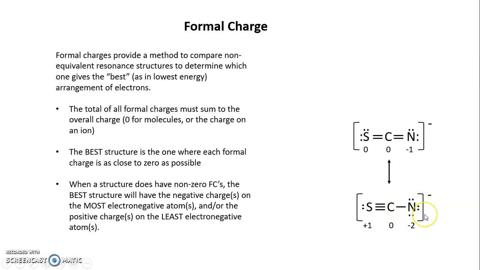So there are 7 electrons assigned to it when it normally only gets 5, so it's a -2. Clearly, using the rules that we've just discussed, this resonance structure is not nearly as good as the one up here, which obeys that primary rule of trying to get each formal charge as close to 0 as possible.